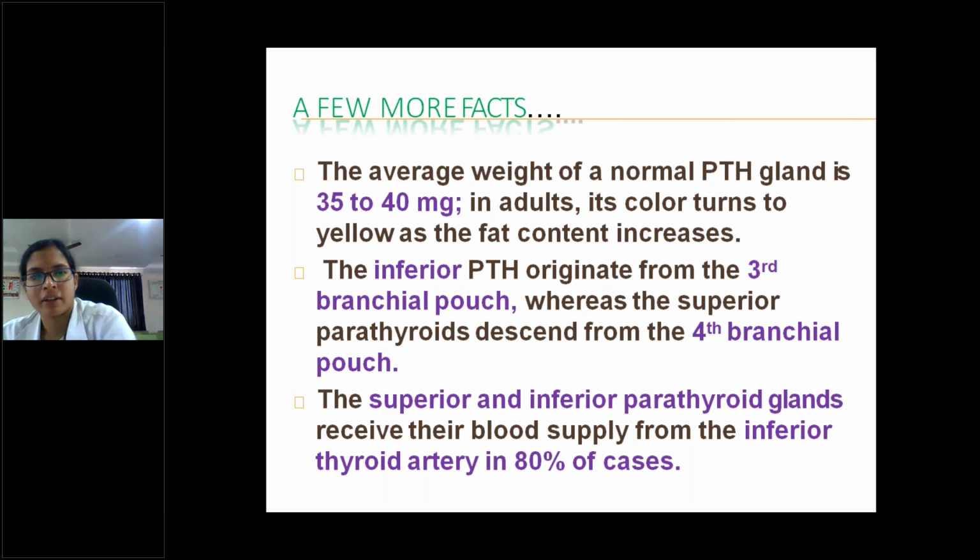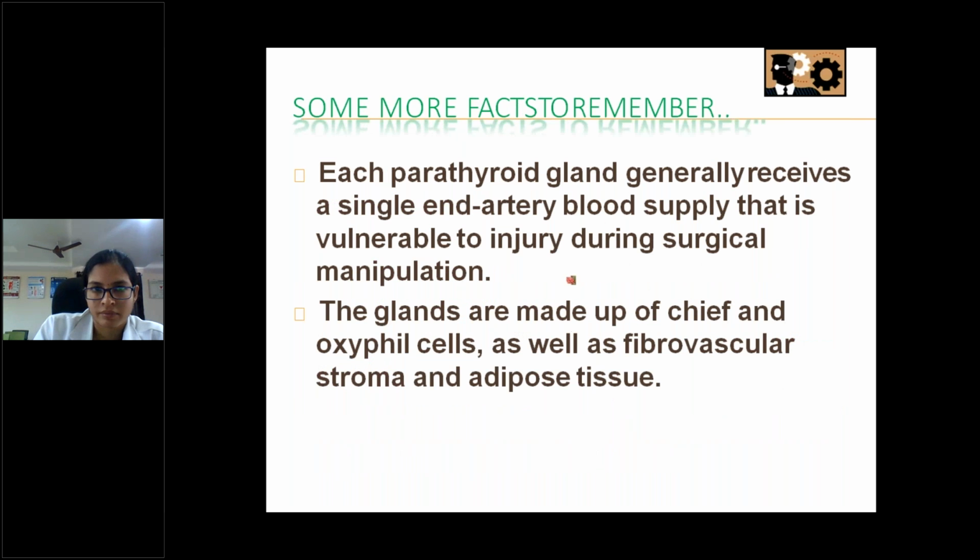Superior and inferior parathyroid glands receive blood supply from the inferior thyroid artery in 80% of cases. It is a single artery, so end arteries, and they are very vulnerable during surgery, and this leads to transient hypoparathyroidism.